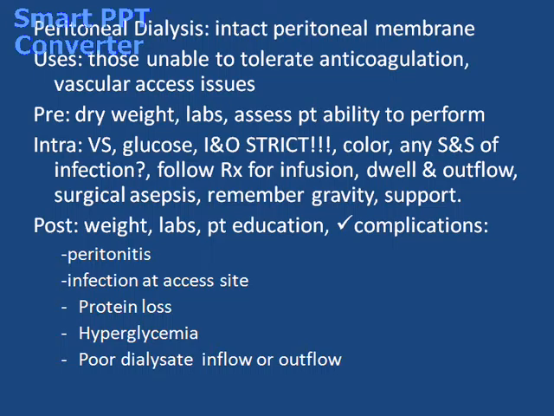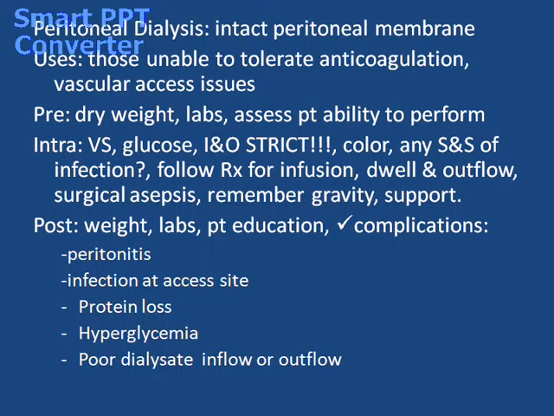We want them free from infection, and we want them to have an active lifestyle as much as possible. Pre-procedure with our patients, typically they do this at home, but say we're taking care of them. We're going to assess their dry weight, and once the dialysate has been drained, what their electrolytes, creatinine, BUN, and glucose are. And we want to determine whether or not the individual is able to do this by themselves.